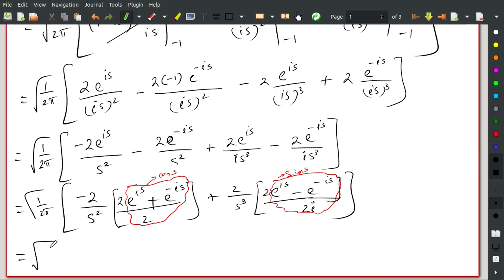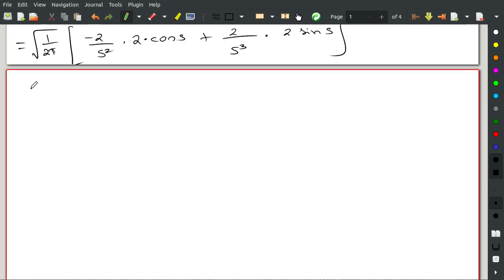So we have 1 by 2 pi times minus 2 times 2 cos s over s square, plus 2 by s cube into 2 times sin s. This is equal to root of 1 by 2 pi times minus 2.